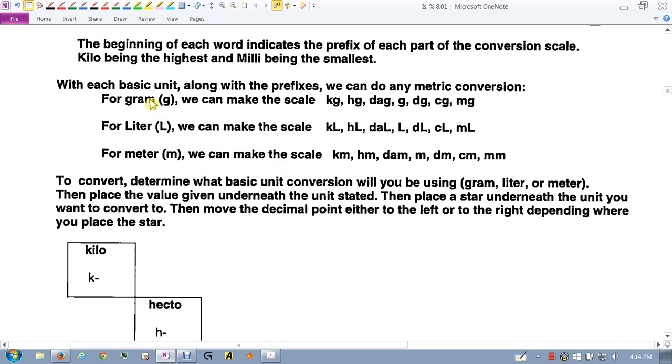So for each of these units, weight, volume, length, you have the King Henry died, unfortunately, drinking chocolate milk. So kilogram, hectogram, decagram, gram, decigram, centigram, milligram. Got it? Kiloliter, hectoliter, decaliter, liter, deciliter, centiliter, milliliter, and then meters, okay?